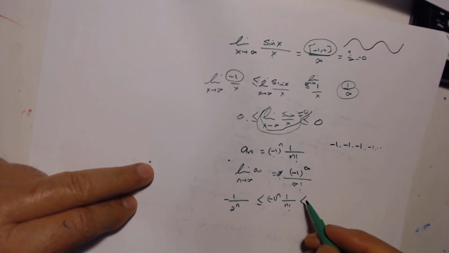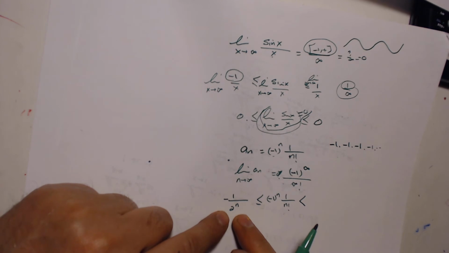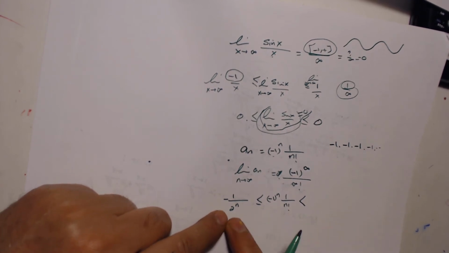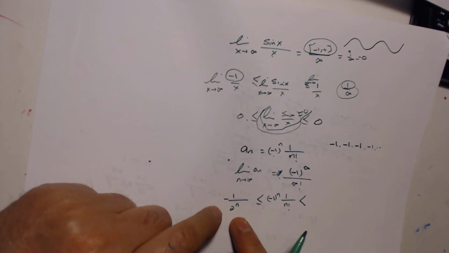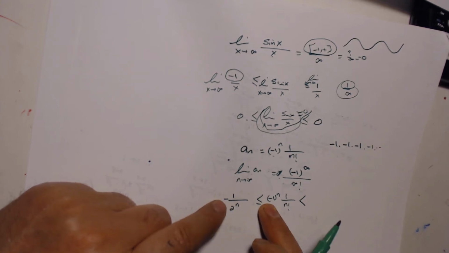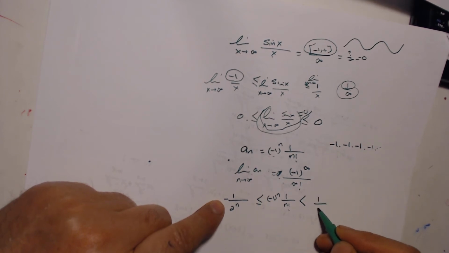Somebody said, why? Because this number is a huge number, and this number is going to be less. Therefore, the denominator getting bigger makes the fraction smaller. But these two are negative, and all of them are going to be less than the positive.